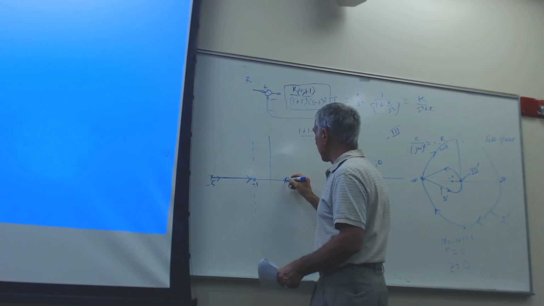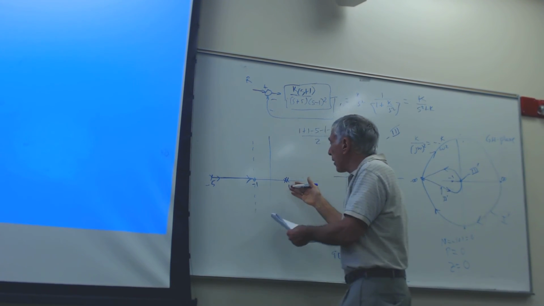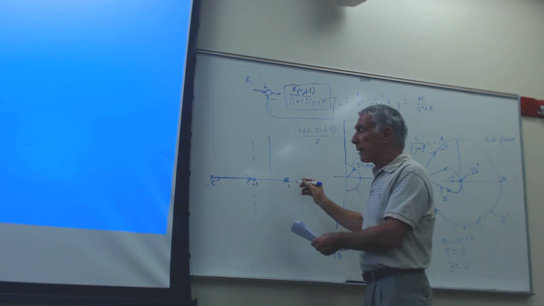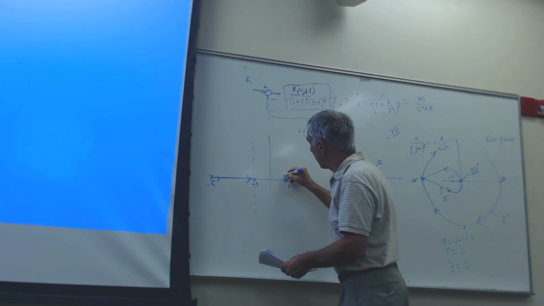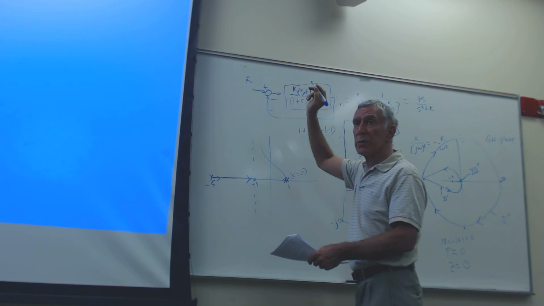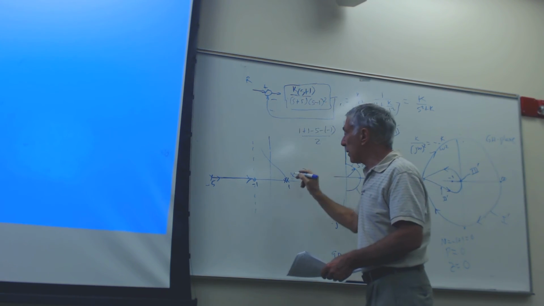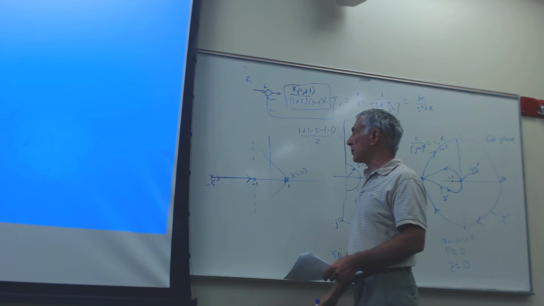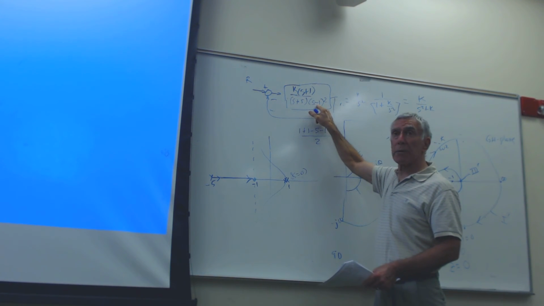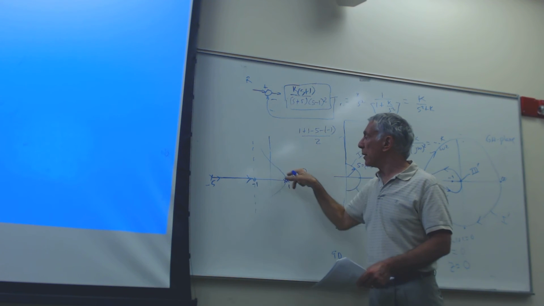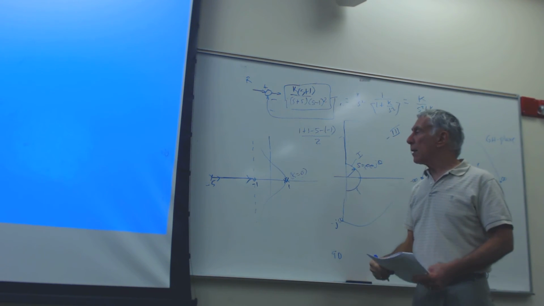And so what's going to happen is that you're going to have breakaway from there. As gain k increases from 0, it's going to break away. One is going to go towards that asymptote, and one towards that asymptote. You have 3 branches, right? Third order denominator, 3 branches, 1, 2, 3.